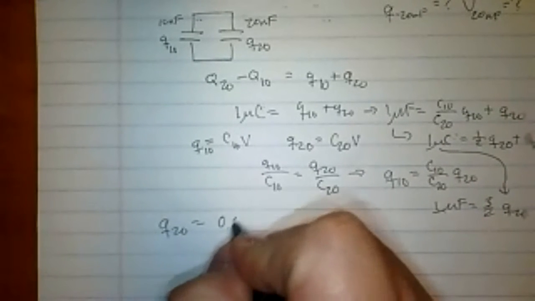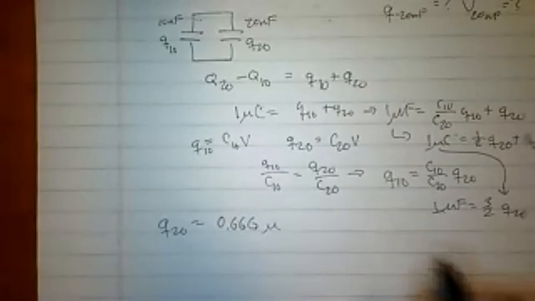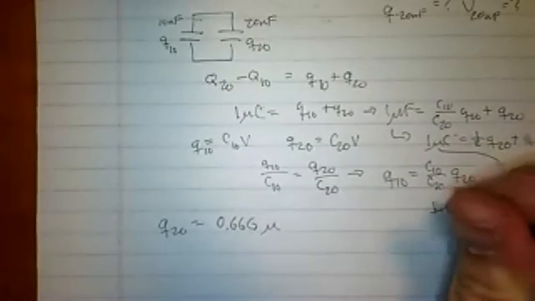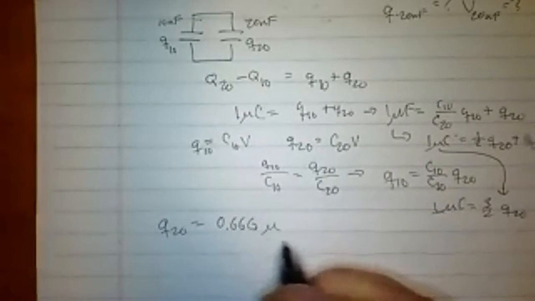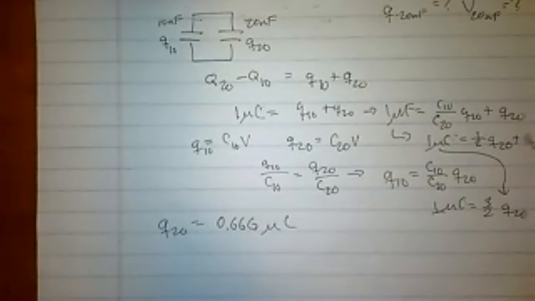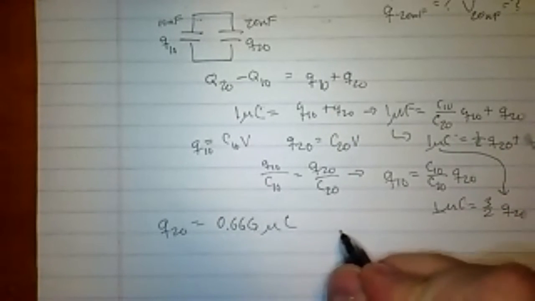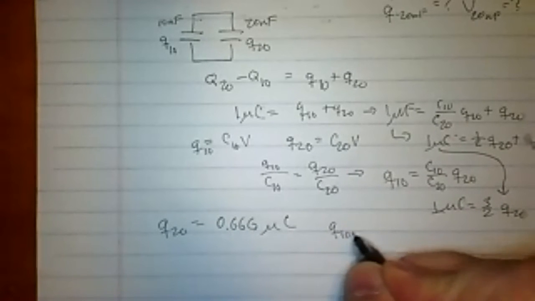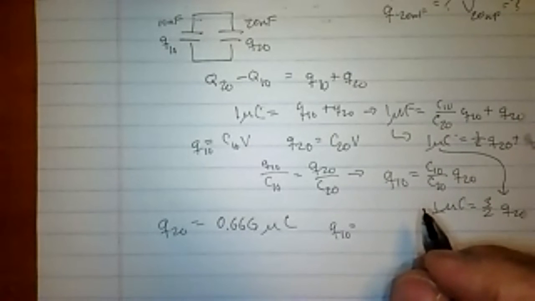Or 0.666 micro. And I said farad again. I keep writing farads for capacitance and capacitance for coulombs and everything else. So it should be 0.666 microcoulombs. Now we have that. We now can say, well, Q10 is supposed to be equal to 1/2 of Q20.